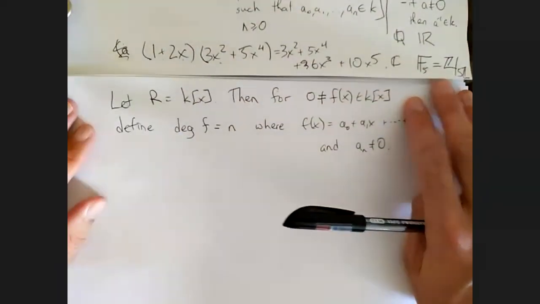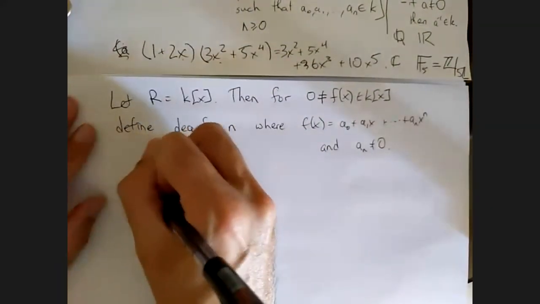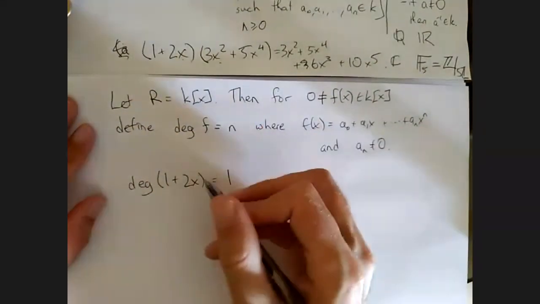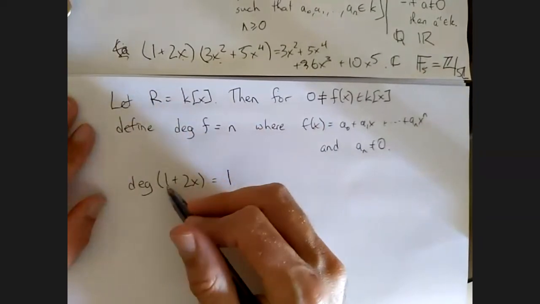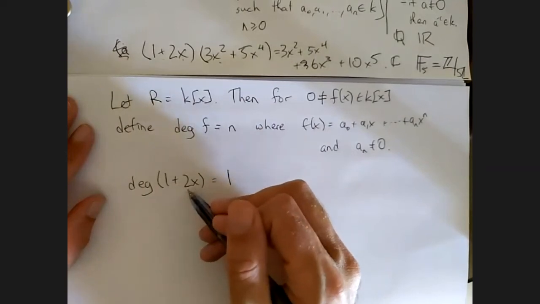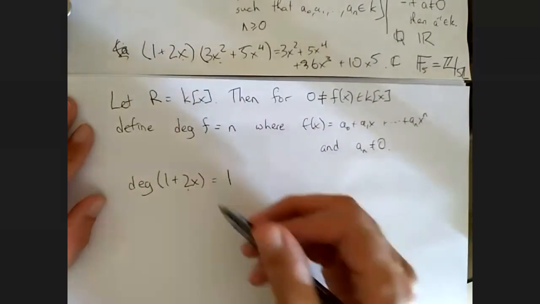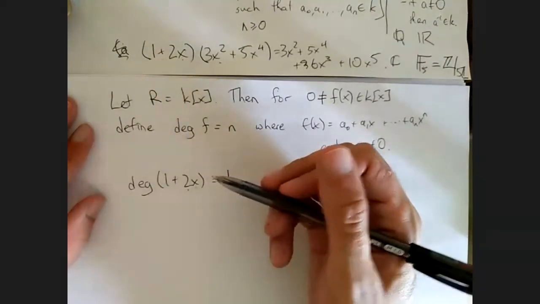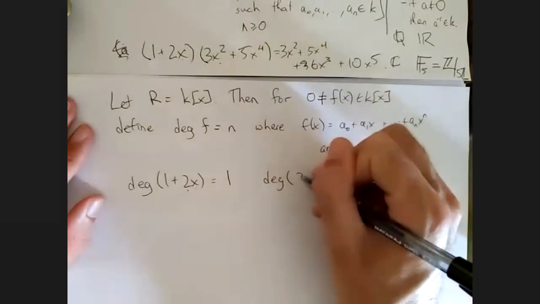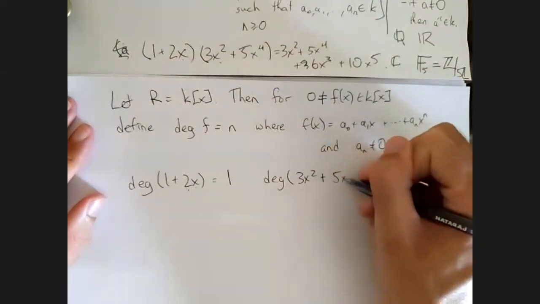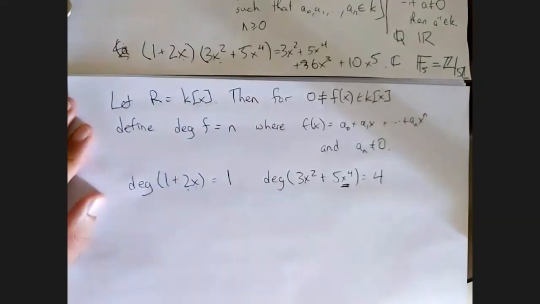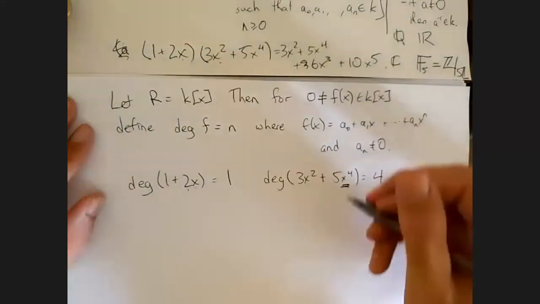As an example, the degree of 1 plus 2x is 1, because you can write it as 1 plus 2 times x to the 1, and so a1 is 2 and 2 is non-zero. So it's just picking out the highest term in f. What about the degree of 3x squared plus 5x to the 4th? Well, that's 4, because the highest order term is x to the 4th.